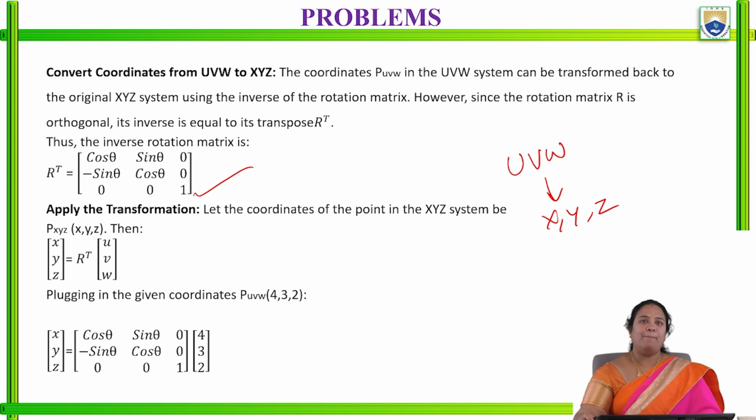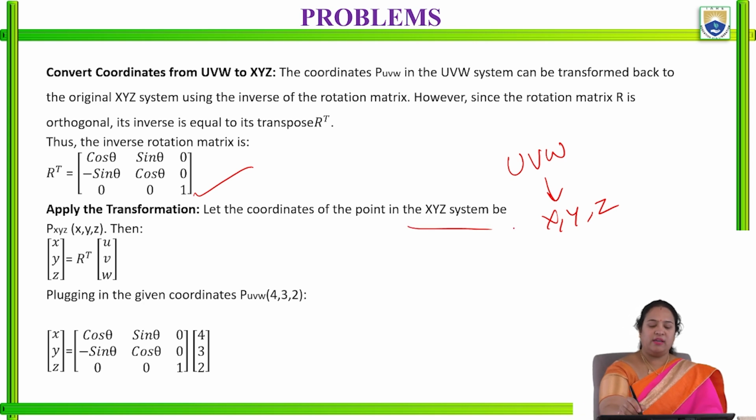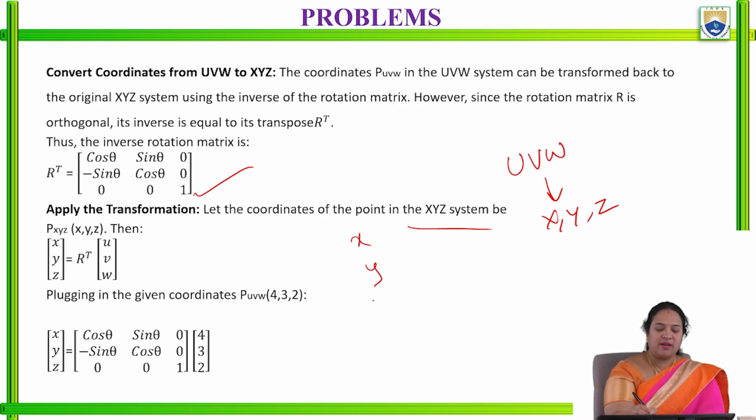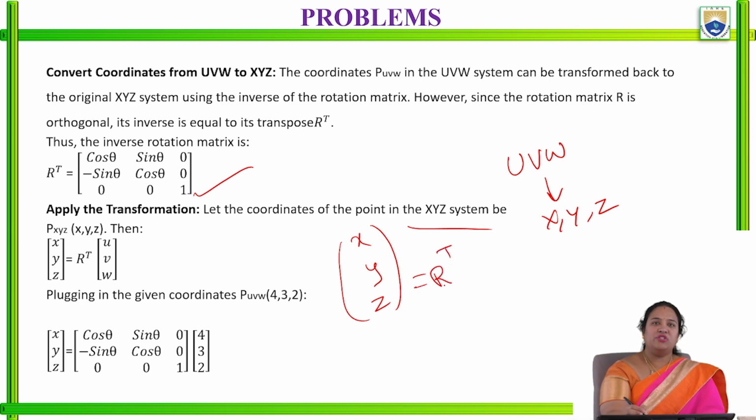Now when we apply this transformation to the X, Y, Z system, we write X, Y, Z is equal to the transformation of the rotational matrix applied to U, V and W.